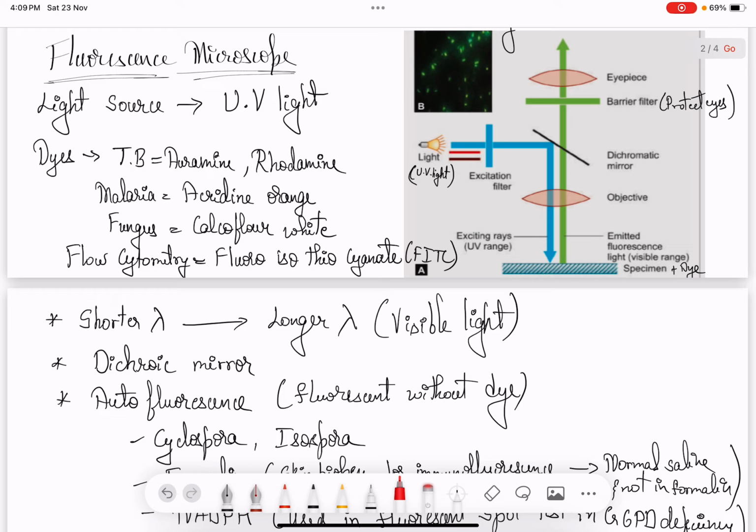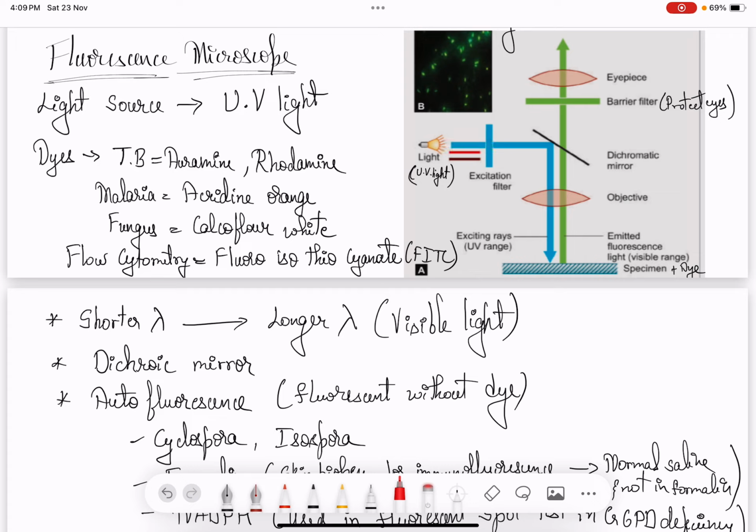Next, coming to the fluorescent microscope. In the fluorescent microscope, the light source which you have to remember is the UV light. So what happens here? Here you have this light source. You can see the light here. From here the light comes, that is the UV light. The UV light then passes through the excitation filter. What does this do?